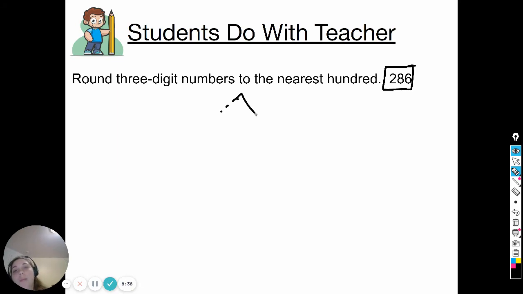Start by drawing your number line, your vertical number line. You're going to need a bottom number, a top number, and a halfway point. Remember to pause the video if you need to.